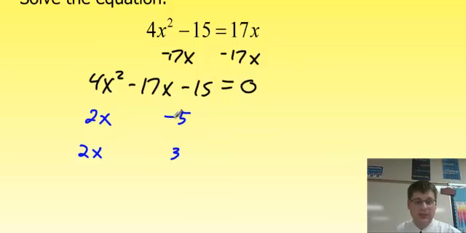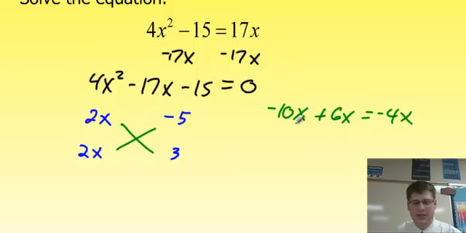Let's see what happens with that. So 2x times negative 5 is going to give me negative 10x, and then 2 times 3 gives me 6x. Well, that gives me negative 4x, but I needed negative 17, so that didn't work. That's pretty far off. Probably something bigger.